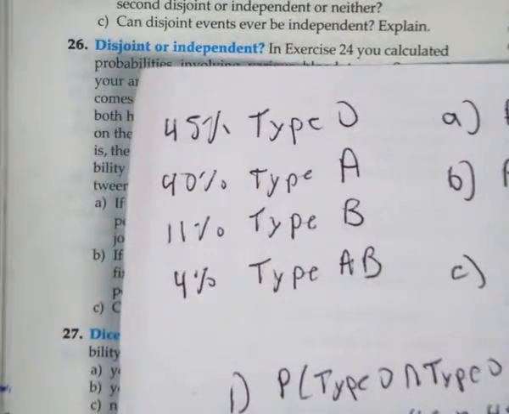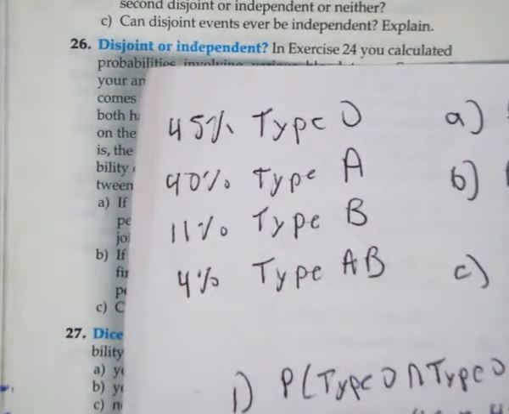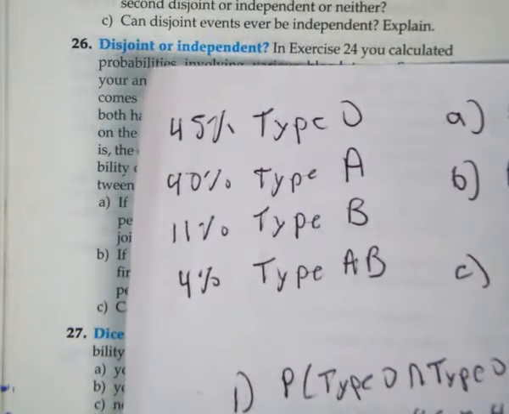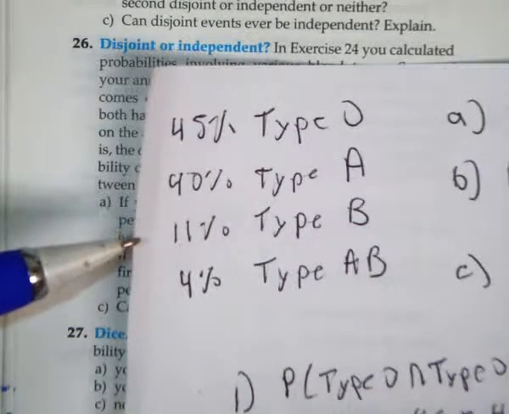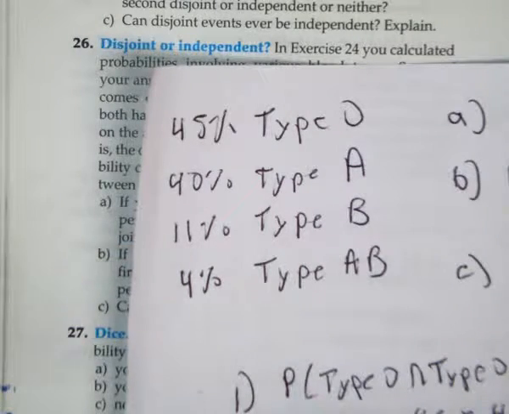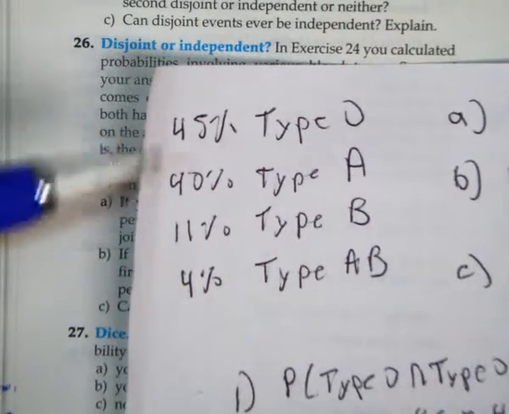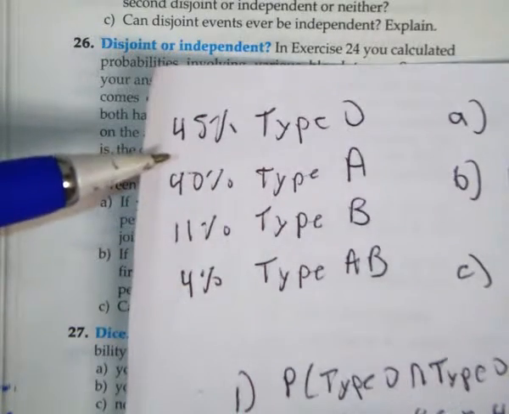Now remember the definition of independence. The definition of independence is when one event occurs, it does not change the probability of the second event. So you go to the doctor and you say, okay, doctor, what blood type am I? He says, I'm going to run the test. Now, before the test, the probability that you were going to be type O is 45%.